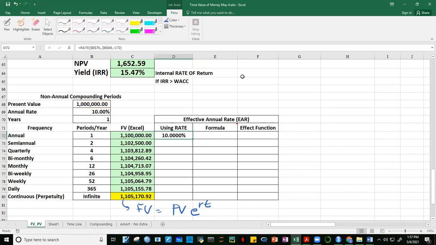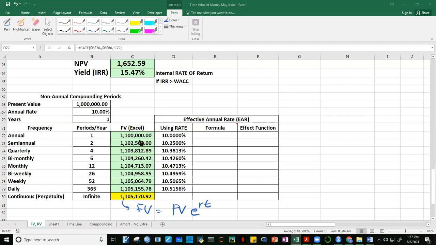Control Enter. Yan. 10%. I-copy natin hanggang baba.